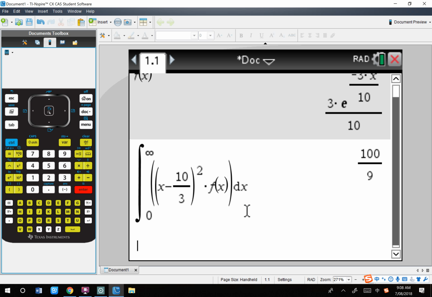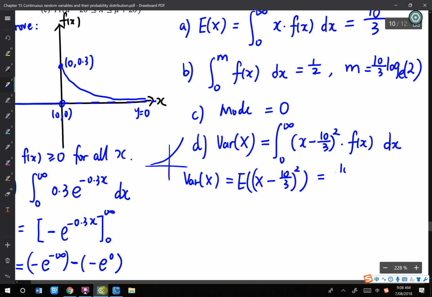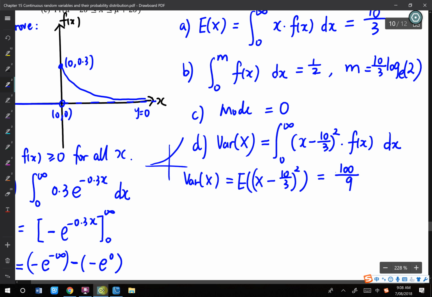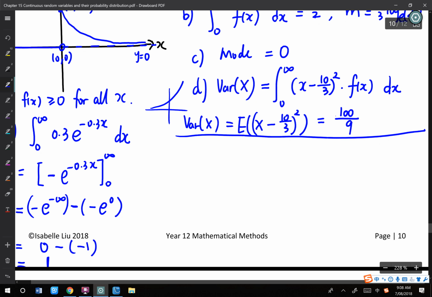That's just my variance value. I just use one line to work out the variance, which is 100/9. That's the first method.